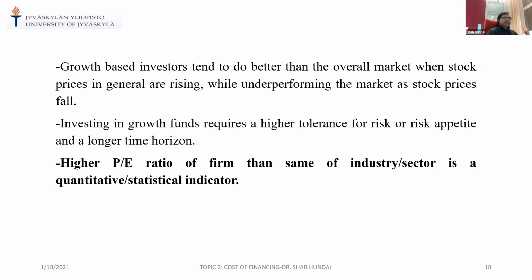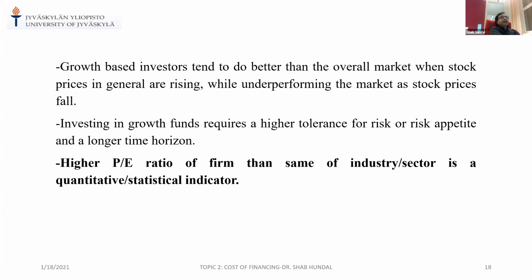The growth-based investors may buy it because they assume that the stock is overvalued in the first place because this company and the stock is highly favored. People are desperate to buy it. That is why the price to earning ratio is already higher than its theoretical value. And this will go higher in the future.